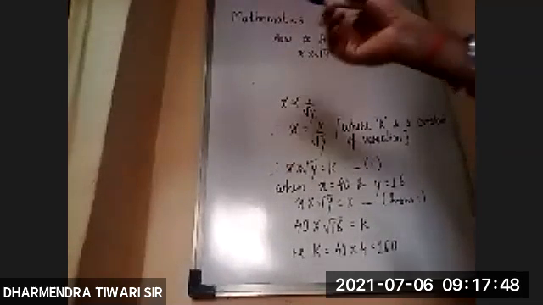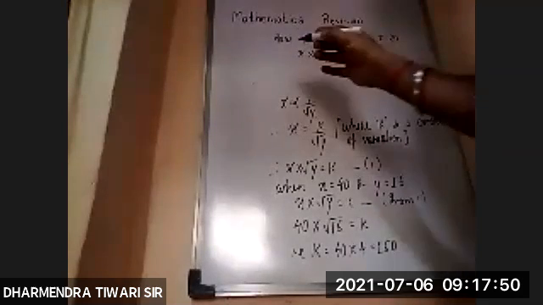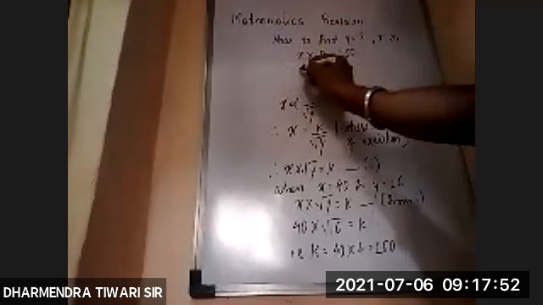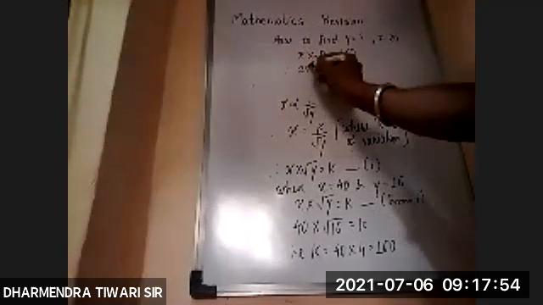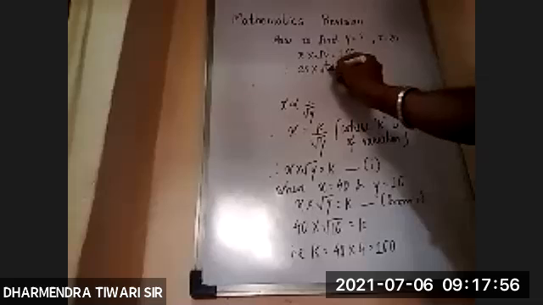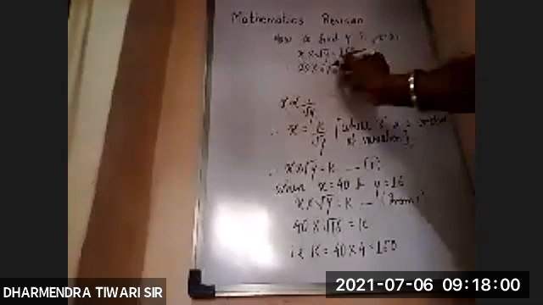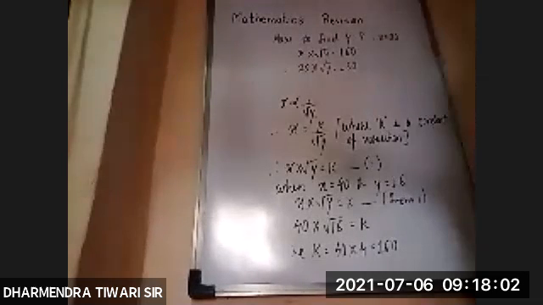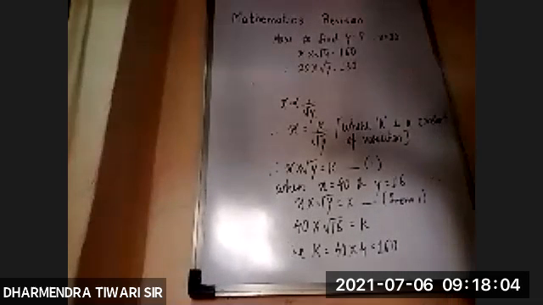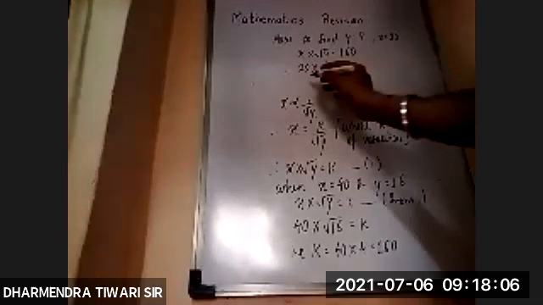So from here, we know the value of x as 20, so 20 into root y is equal to 160. As the variable y is unknown to us, just keep it on the left hand side and take 20 to the right hand side.